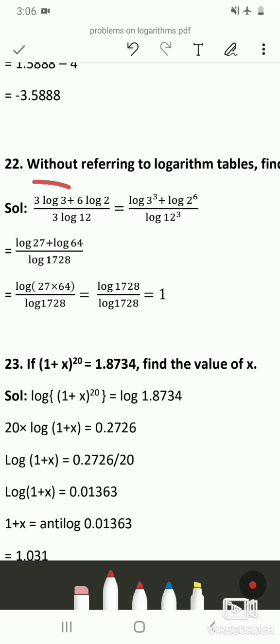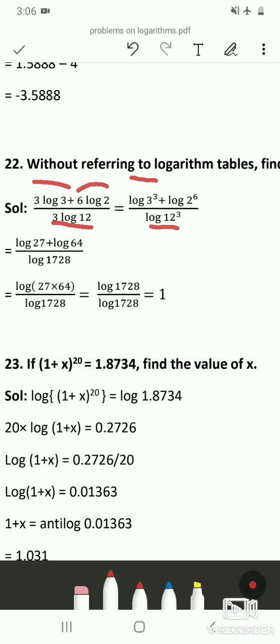So using the third law, here you have to go in a reverse manner. So log 3 cube plus log 2 raised to 6, again by using the third law, log 2 raised to 6 whole divided by log 12 cube.